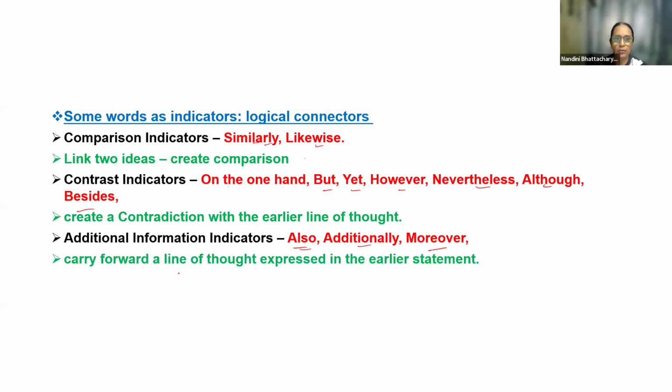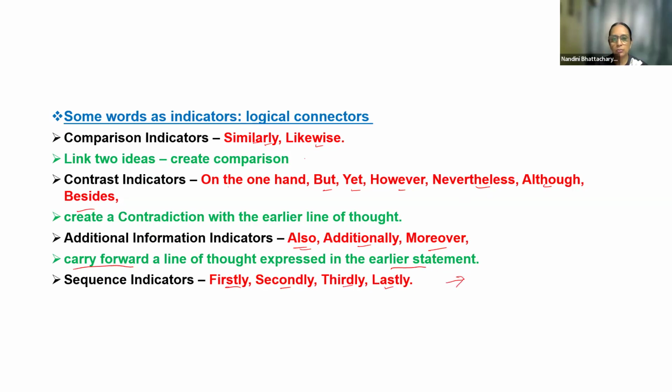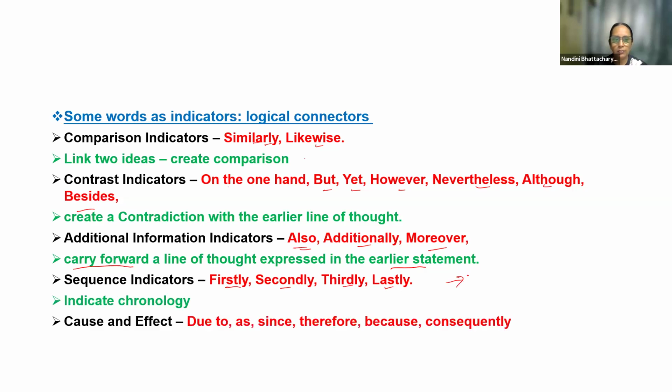So it carries forward a line of thought from the earlier statement, you can say. So firstly, secondly, thirdly, lastly, these are like pointers which clearly state that they come after one another.